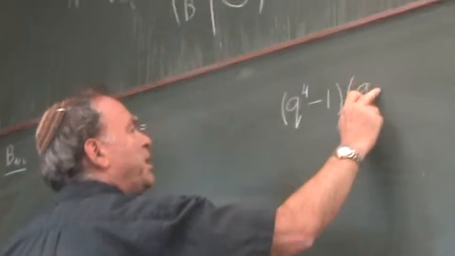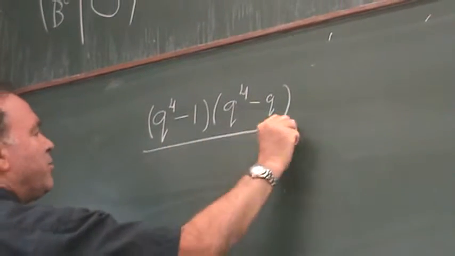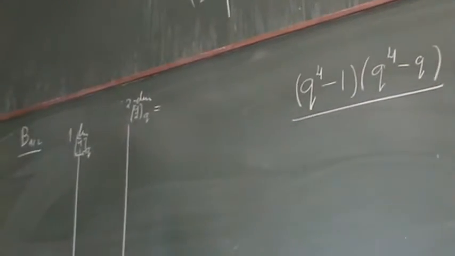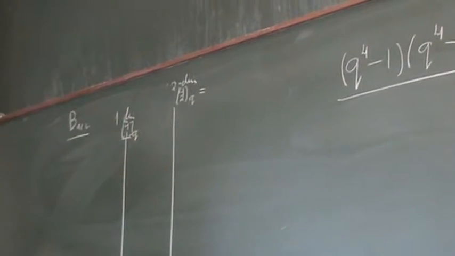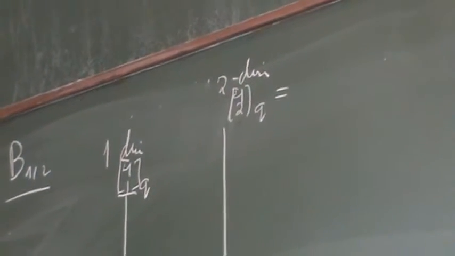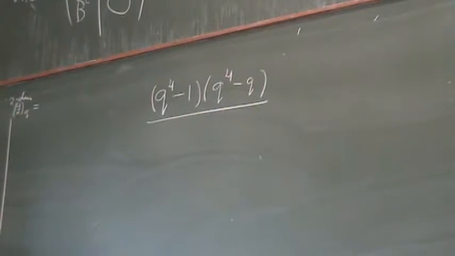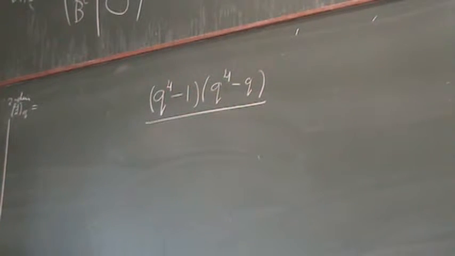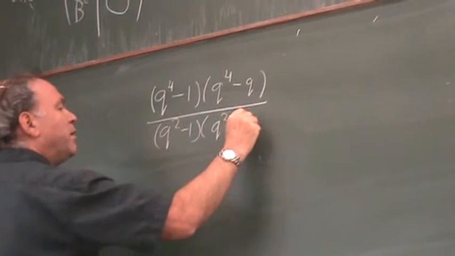For the second basis element, you have q to the 4 minus q. And this will give you all the independent sets of size 2. But many of them define the same vector space of dimension 2. Given a vector space of dimension 2, how many bases does it have? I have to divide this by q squared minus 1 times q squared minus q.